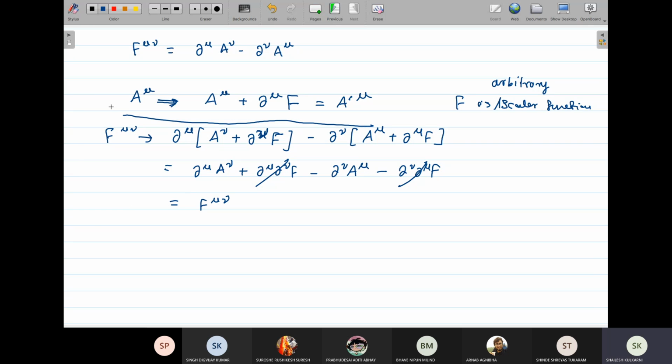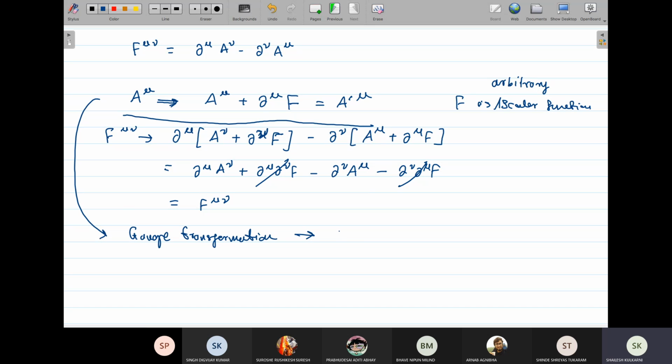This transformation is what is known as a gauge transformation, and it plays the most important role in our study.